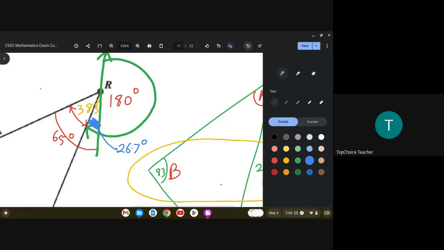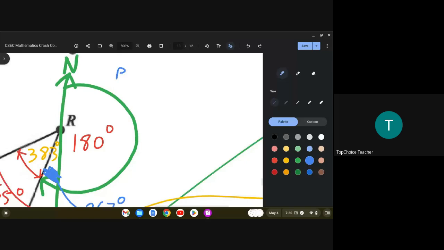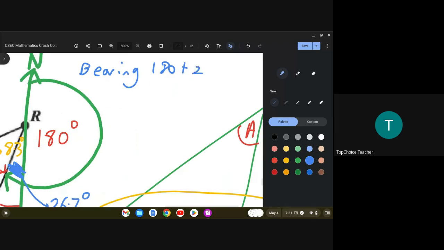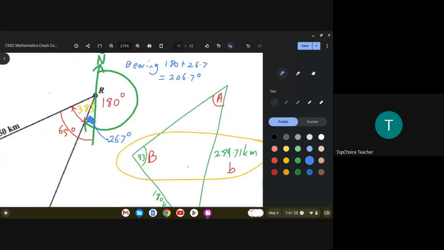So that's the bearing, the total bearing. Let me fix that: 180 add 26.7, which is equal to 206.7 degrees. And this is the answer for the last part of the question.